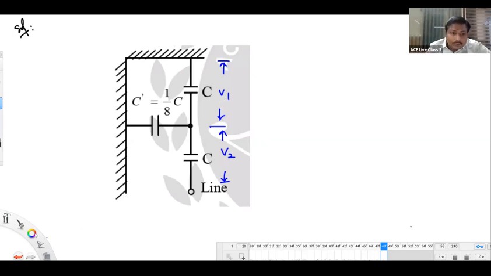So V2 we should take as 17.5 kilovolts. Now, what about V1? What is the relationship between V1 and V2? V2 equals 1 plus K into V1, so V1 equals V2 by 1 plus K.